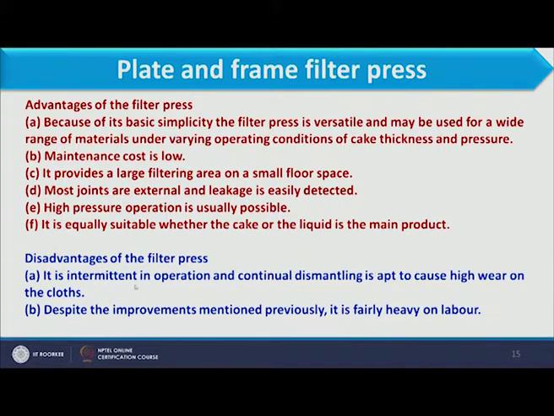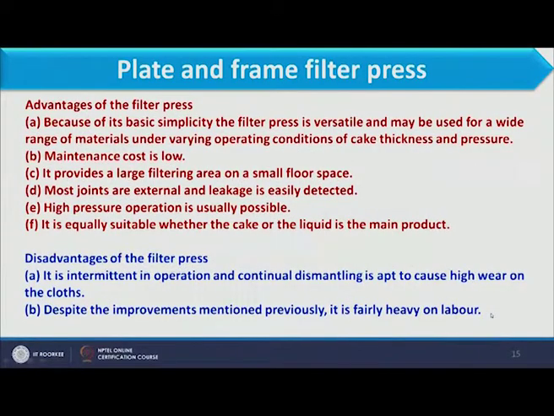Now the disadvantage of the filter press is that it is intermittent in operation and continual dismantling is apt to cause high wear on the cloth. Because the plate and frame filter press is operated in batch, after one cycle the complete assembly should be dismantled, and then the arrangement of cloth, plate and frame will be carried out again, and therefore the life of filter media in this case is not very large.